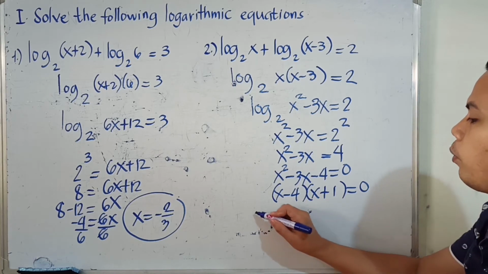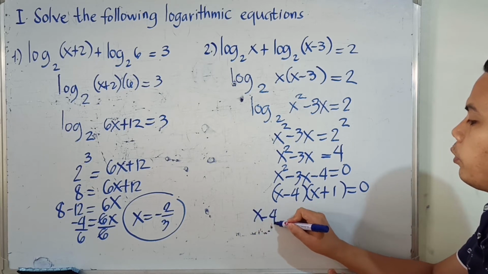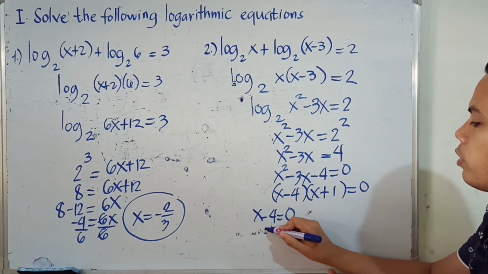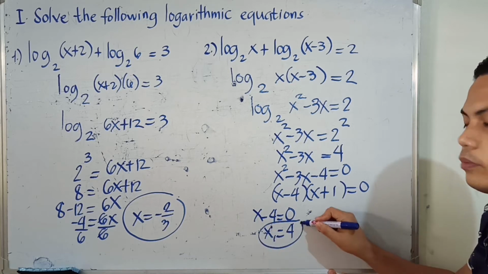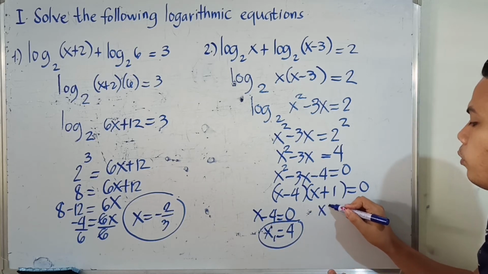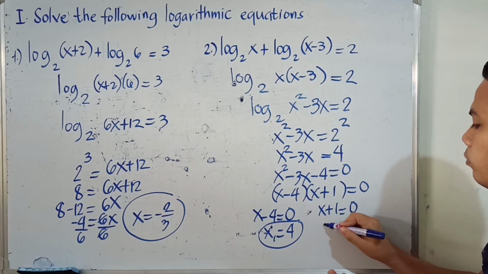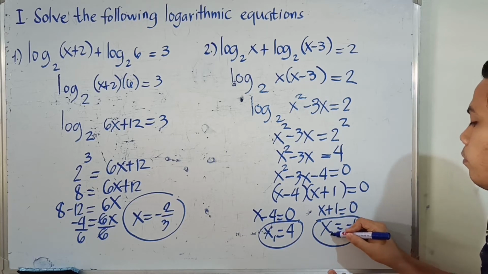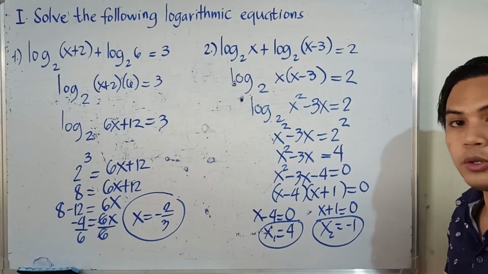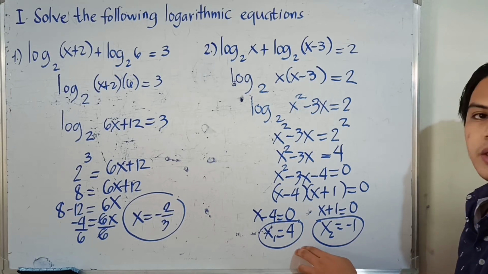Then we're going to equate each factor to 0 to get the value of x. So our x sub 1 is positive 4. And our x sub 2 is equal to negative 1.